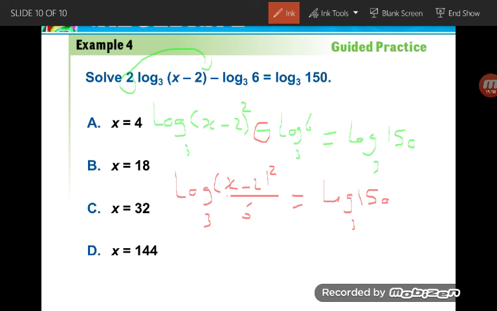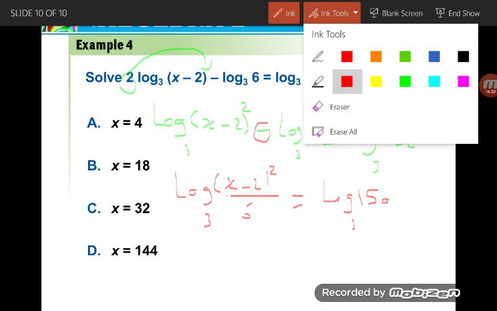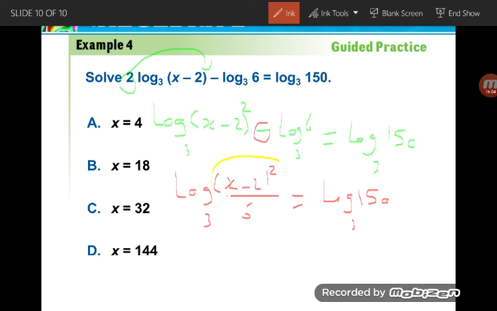Since they have the same base, the basic value of this logarithm is equal to its opposite at the right hand side. So x minus 2 squared over 6 is equal to 150.